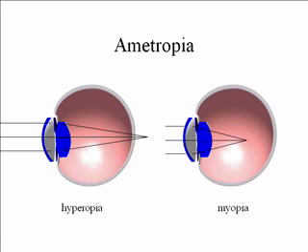Okay, let's talk about ametropia. In ametropia, in which a patient does not need spectacles in order to see clearly, rays of light entering the eye parallel, entering from an infinite distance, converge precisely on the retina.